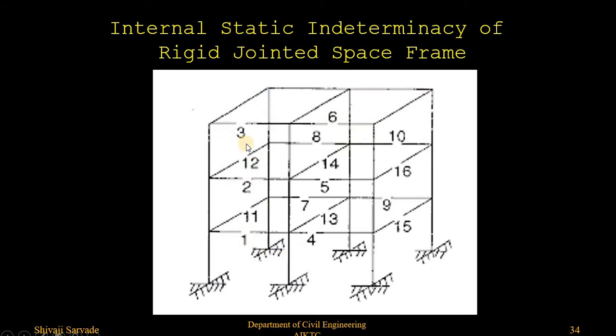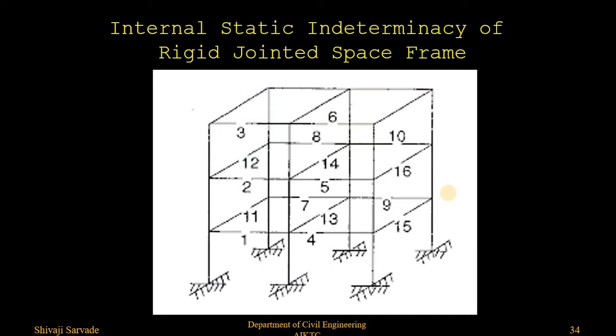If you check, we have made as many as 15 cuts, rather 16 cuts in the building, so that the structure becomes open, or in other words it resembles a tree. So the degree of static indeterminacy of this structure is 16 times 6. That much is the degree of internal indeterminacy for a building frame.